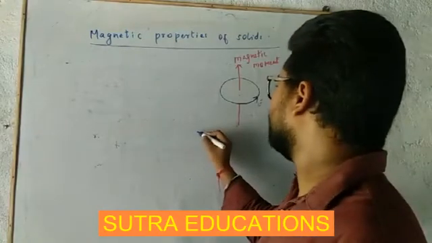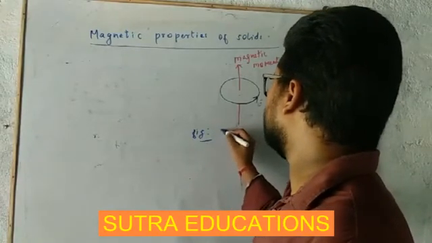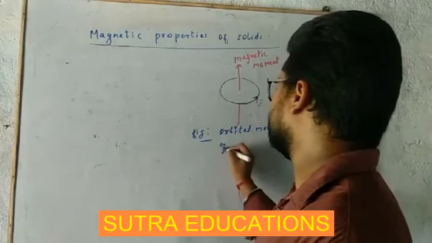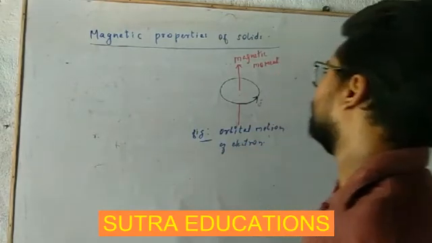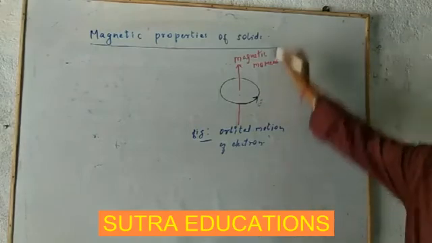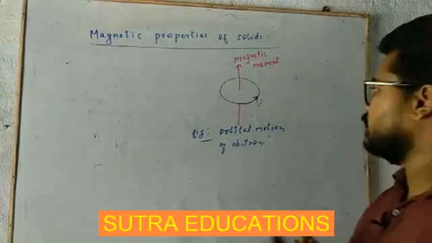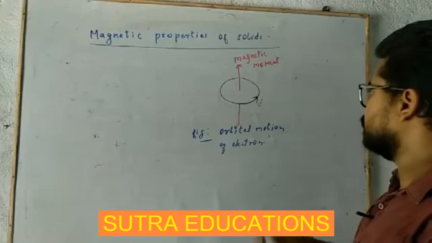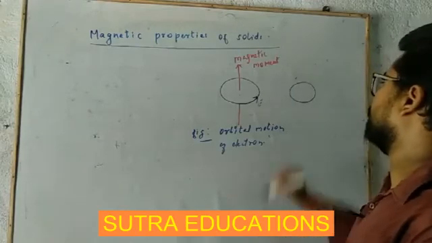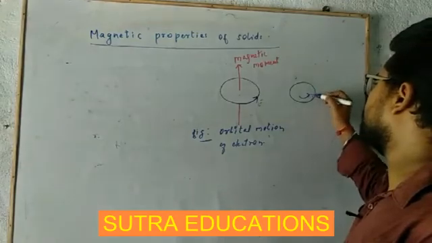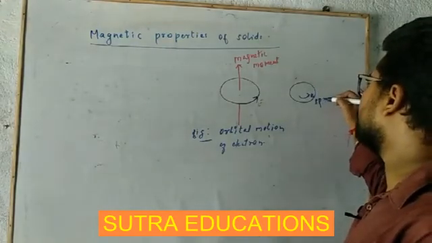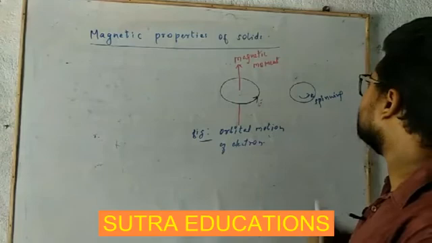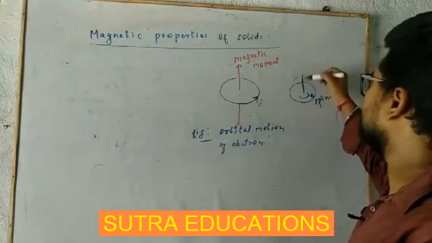In the second figure, here electrons are spinning, and due to the spinning of electrons, magnetic moment is associated with this.